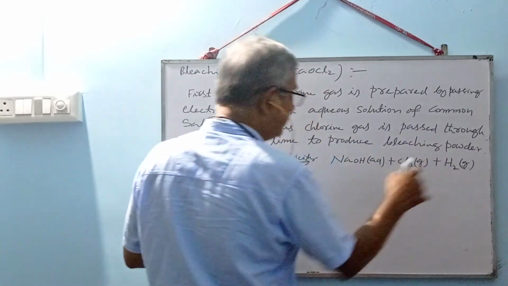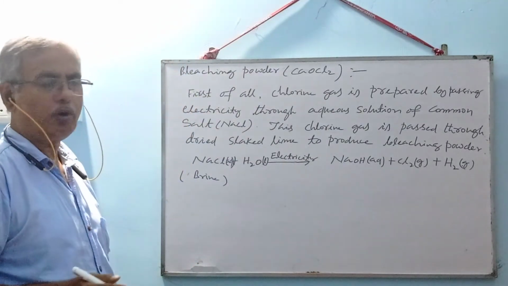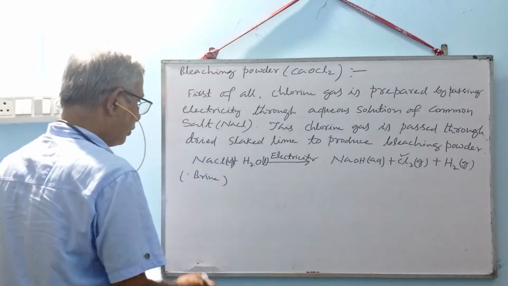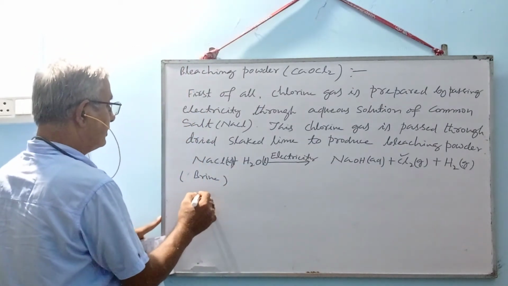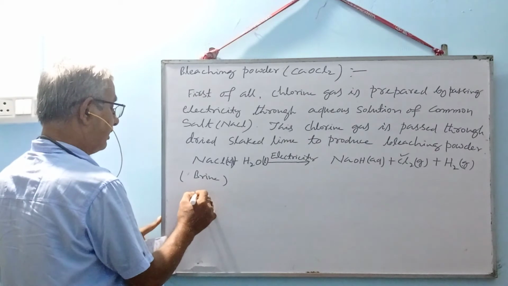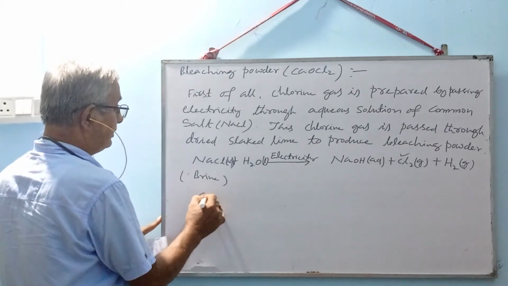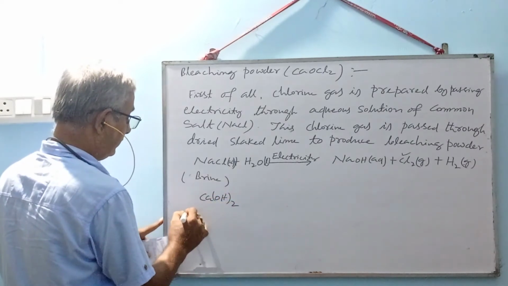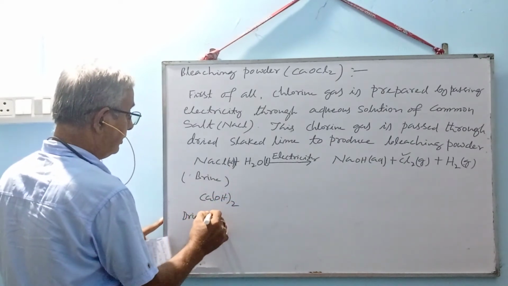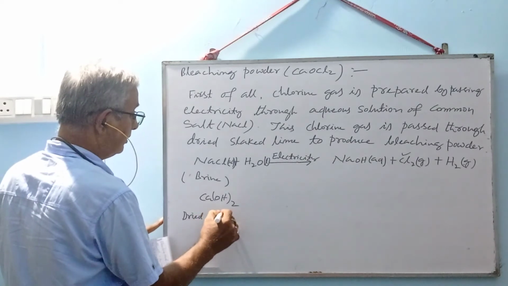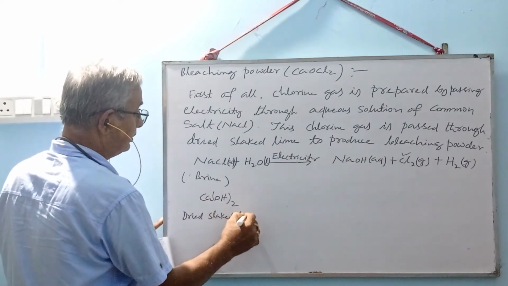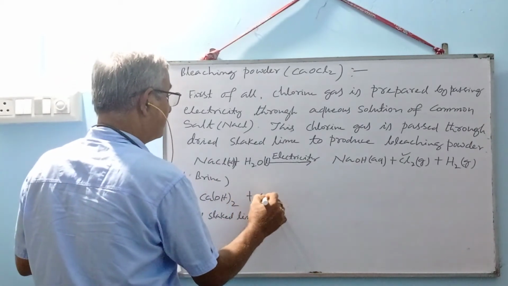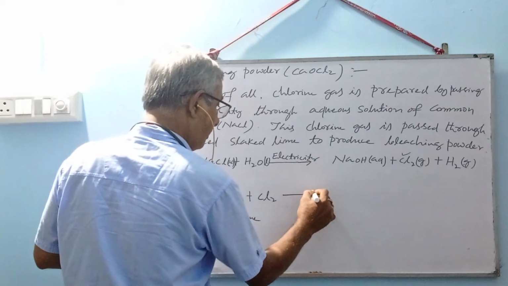Now out of these three products you got, you select chlorine. And this chlorine gas is passed over what? Dried slacked lime, Ca(OH)2. Then ultimately what you are getting?